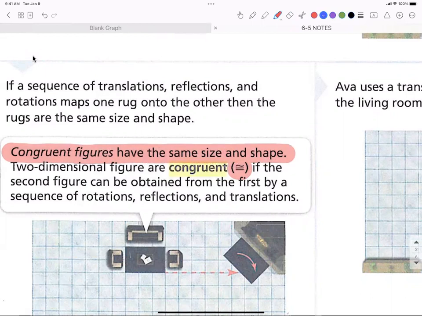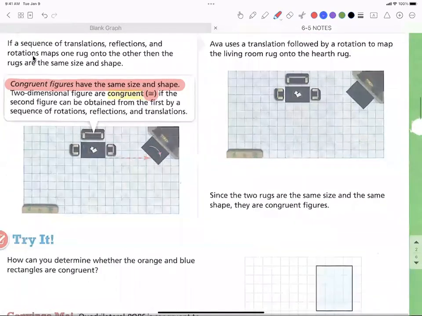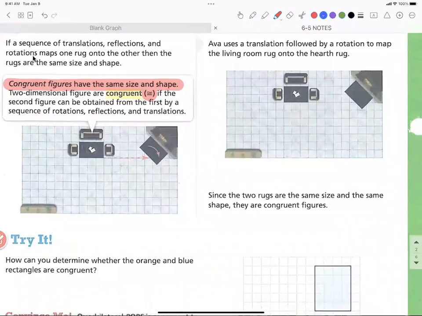That means same size, same shape. The other thing I want you to highlight is basically saying the exact same thing. If you have 2 rugs that are the same size and same shape, that means they are congruent. So it's kind of looking at it from both directions. We know that if they're congruent, they're the same. We know that if they're the same, they're congruent.